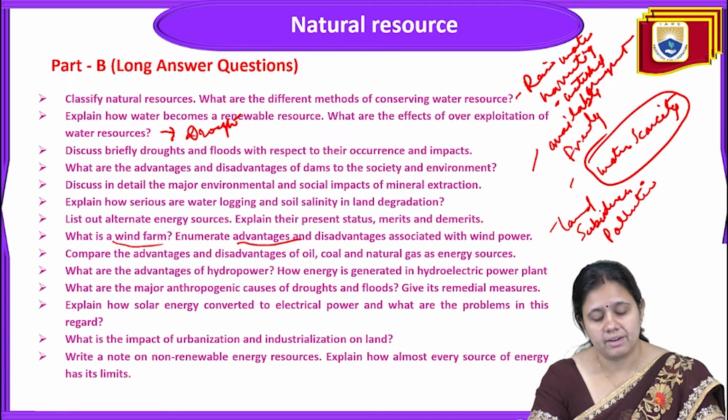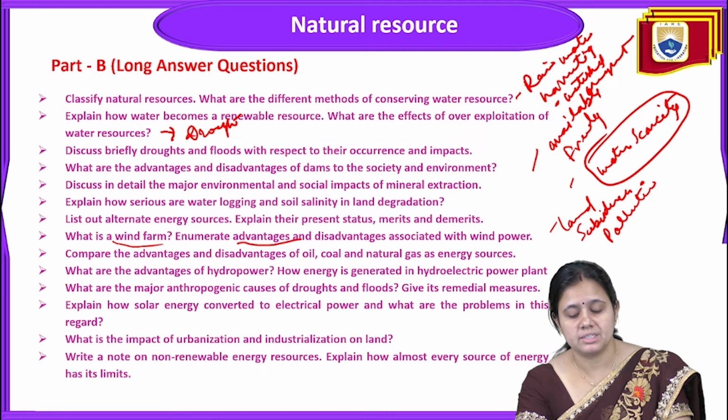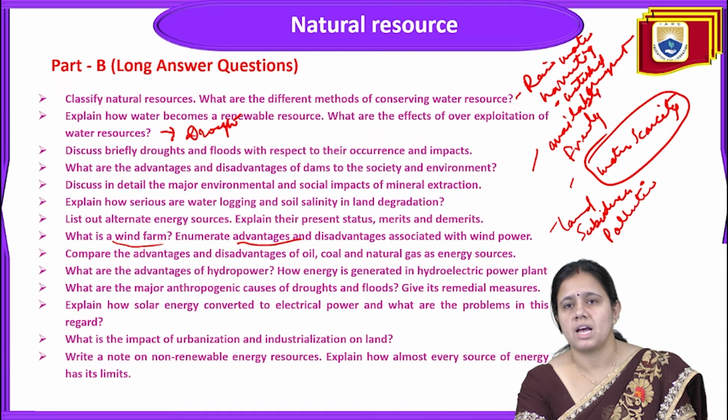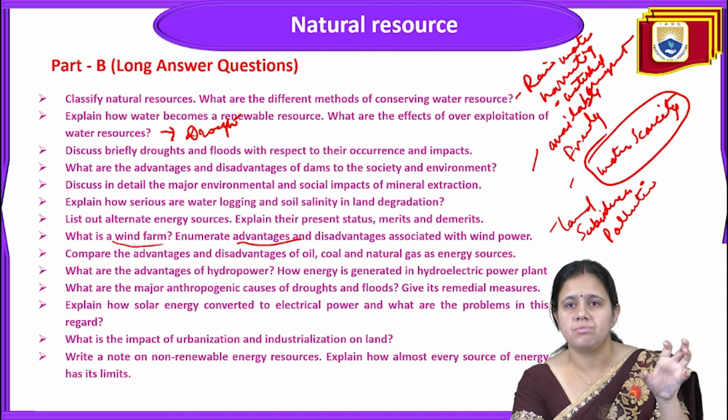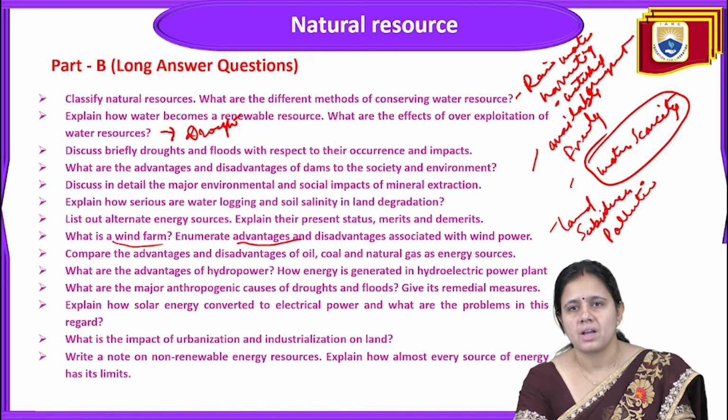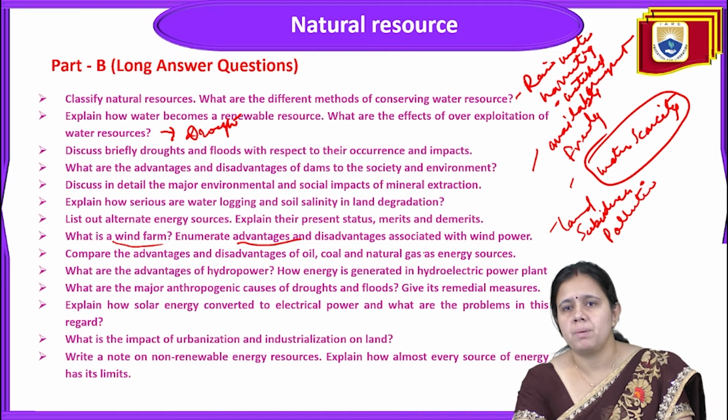Next is again the advantages of hydropower, and how energy is generated in a hydroelectric power plant, where you have to discuss the mechanism of the plant. The advantage associated with hydropower is that electricity is produced with the force of water, and that electricity we can use anywhere. And this hydro water is held on dams.